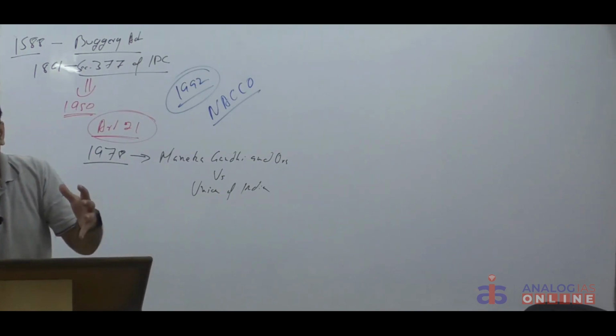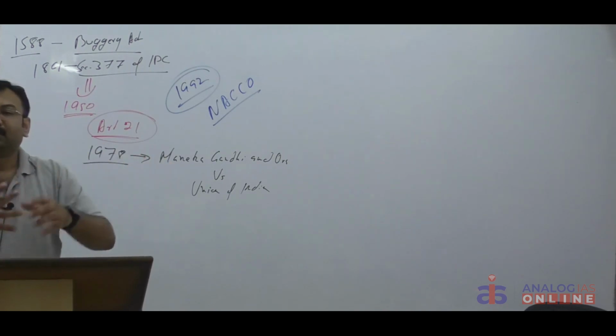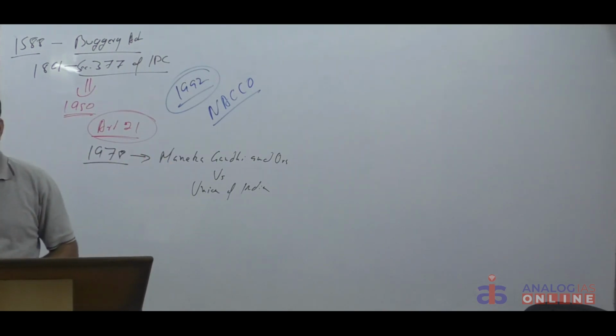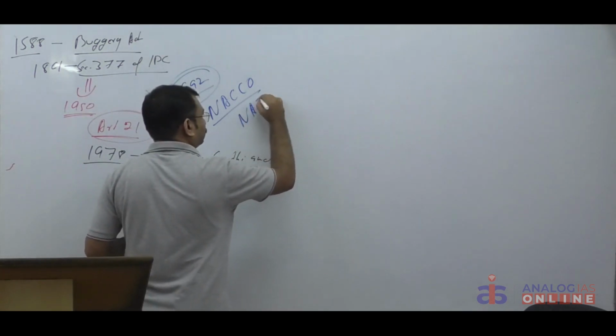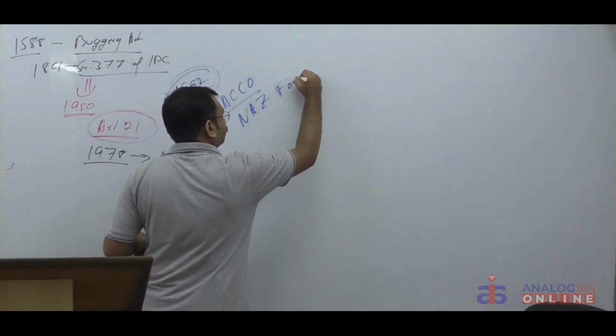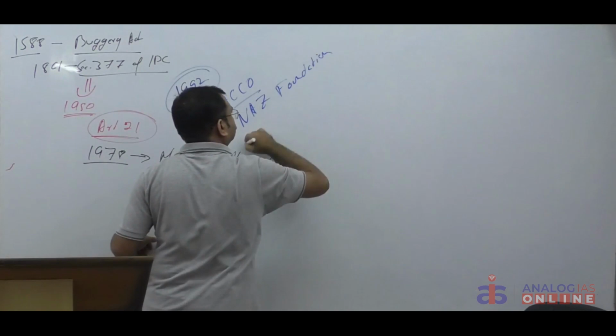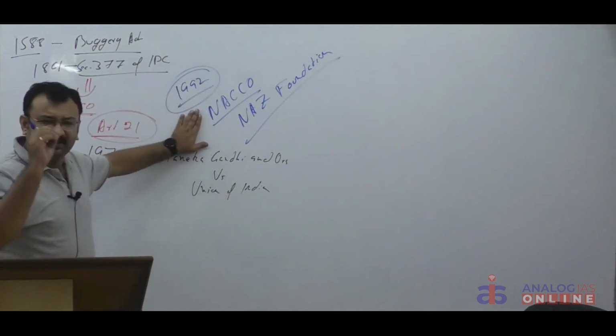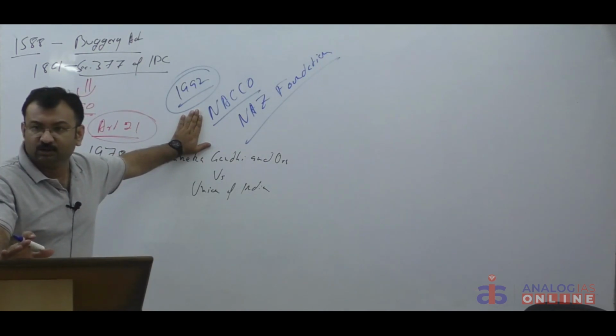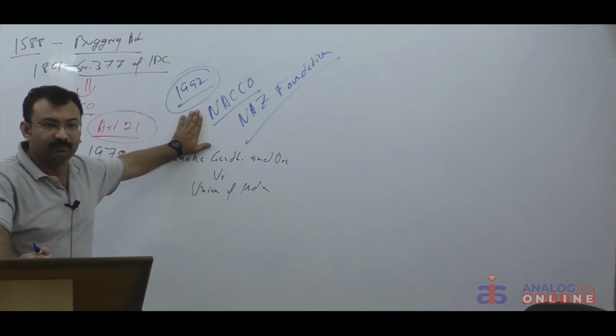NACO, they associated with number of NGOs. Okay. There was one NGO working in Delhi who would associate with NACO, called the NAZ Foundation. These people, they were doing everything in their capacity to bring this epidemic under control.